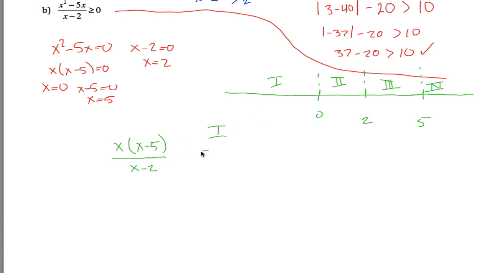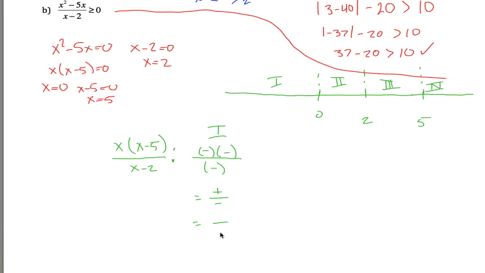X is negative. A negative number, I don't care which one you choose, minus 5 more, that's still going to be negative. A negative number minus 2 more, that's going to be negative. So if I plug in any number in region 1, I'm going to get a negative times a negative divided by a negative. A negative times a negative is a positive. A positive divided by a negative is a negative.